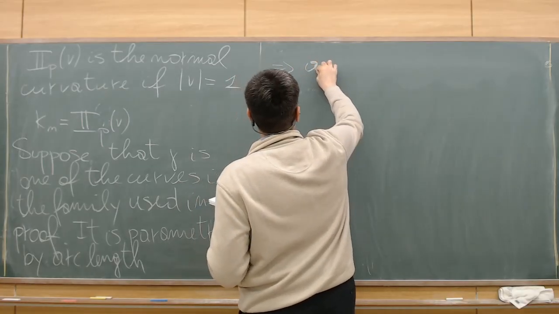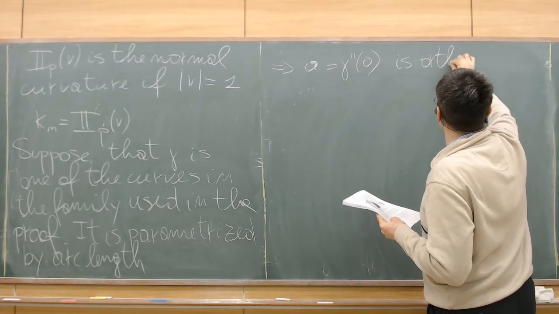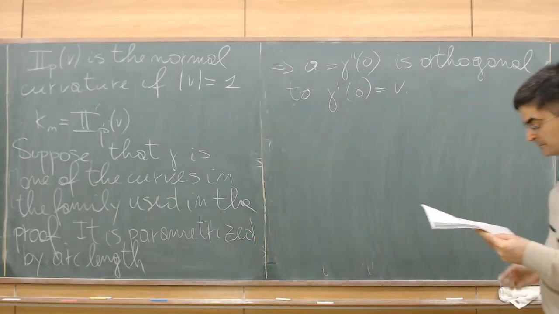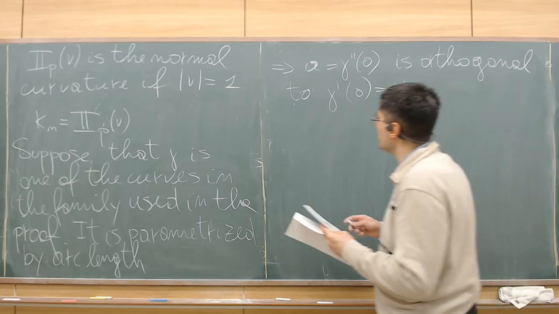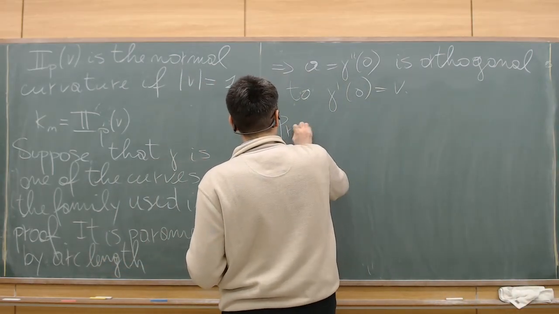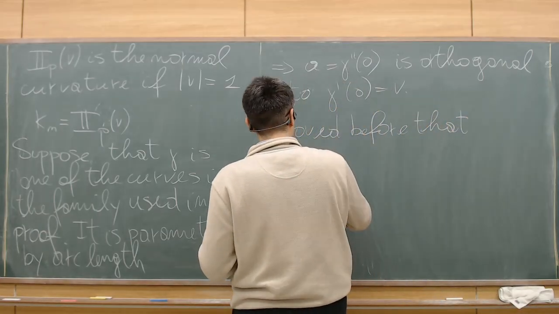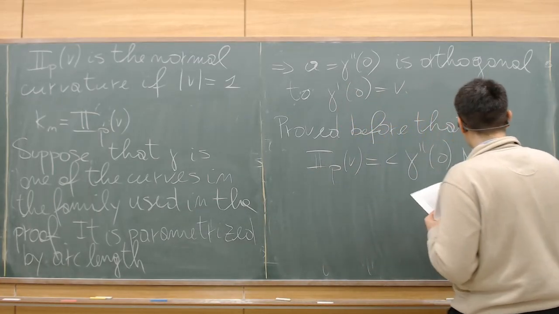Then this implies that the acceleration vector A, which is gamma second at 0, is orthogonal to gamma prime at 0, which is V. Okay, we proved before that the normal curvature is the normal component of the acceleration vector.